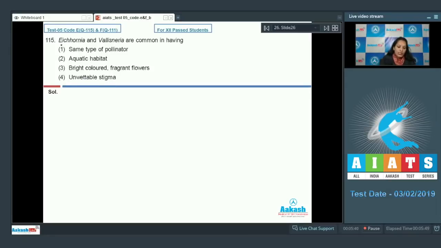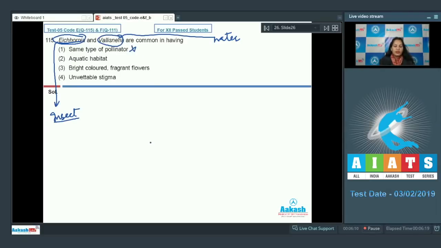Eichhornia is water hyacinth. So, water hyacinth and Vallisneria are common in having. Eichhornia is pollinated by insect, so it shows entomophily, and Vallisneria by water, so it shows hydrophily. So they don't have same type of pollinators.